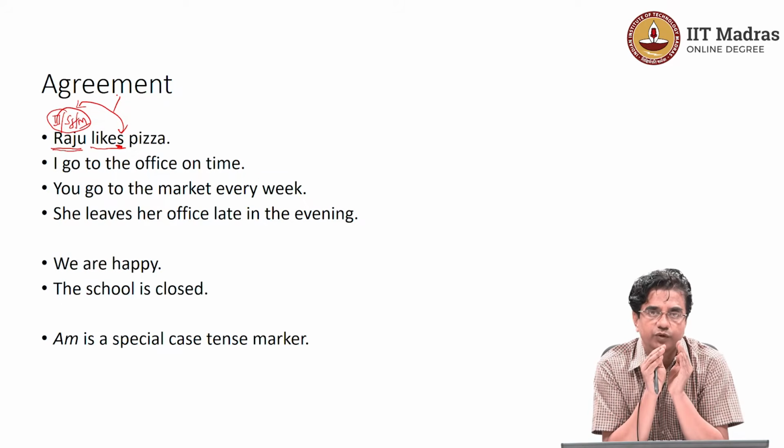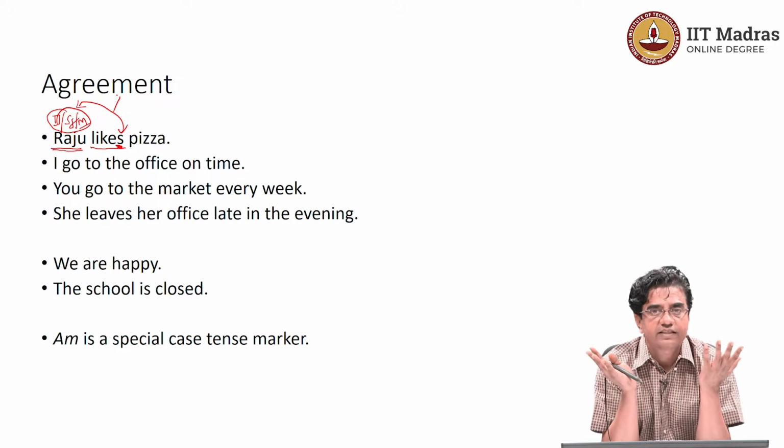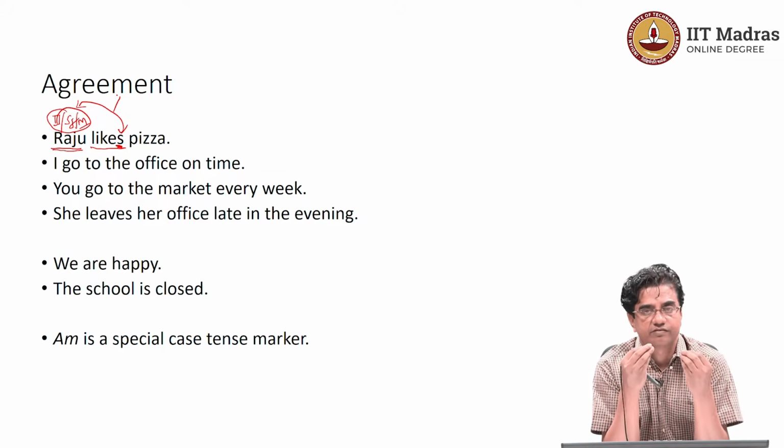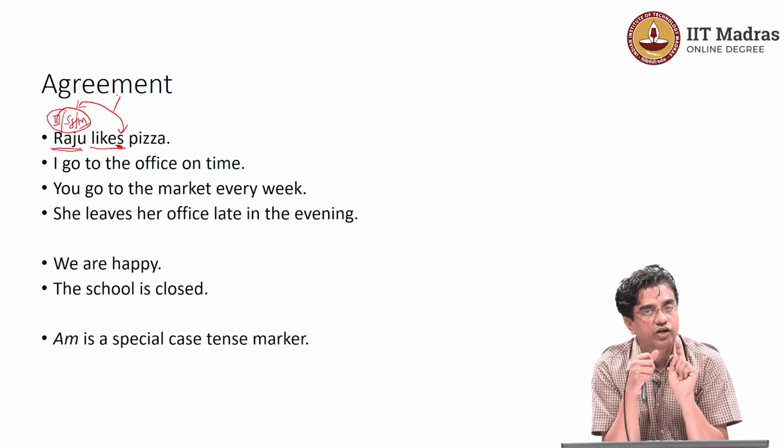What we need to understand is, when we say subject-verb agreement, it feels like there are two elements, subject and verb, and they have to do some negotiation, some agreement. Actually, that's not true, conceptually and cognitively speaking.